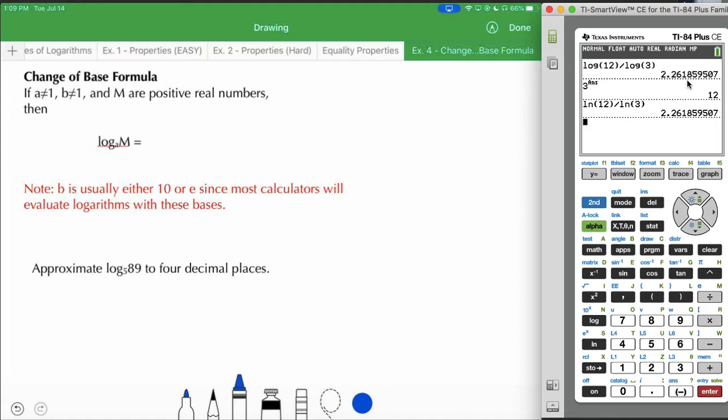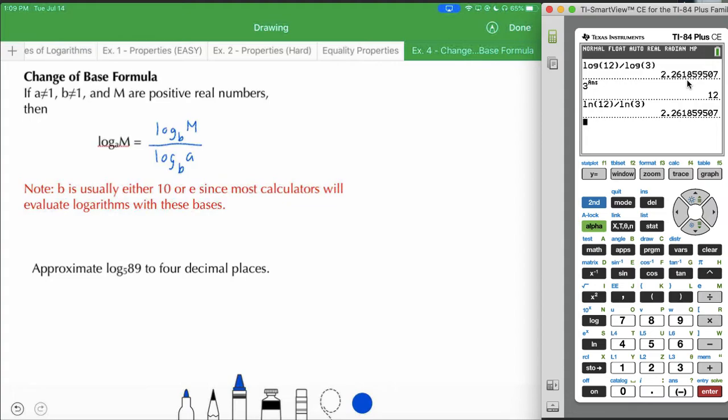So the change of base formula says if A is not equal to 1, B is not equal to 1, and M are positive real numbers, then log base A of M can be thought of as log base B of M over log base B of A.